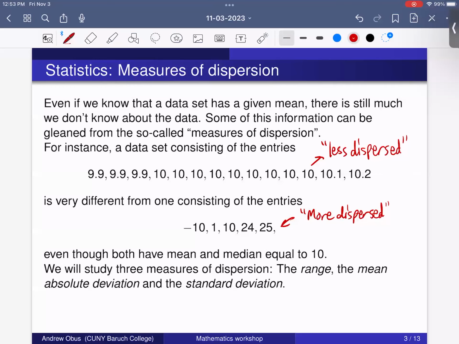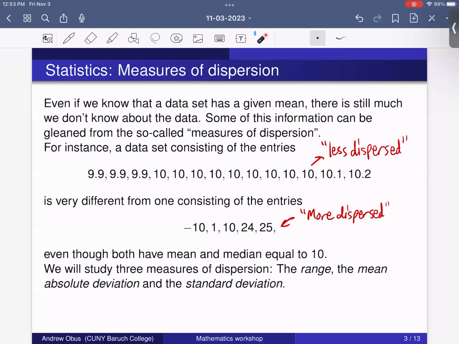So what we want is statistics that will show us the difference between these two sets, and the mean and the median are not good enough to show this difference. We need other measures that show that this set is more widely distributed, more dispersed than the first. We have three measures of dispersion that we're going to study.